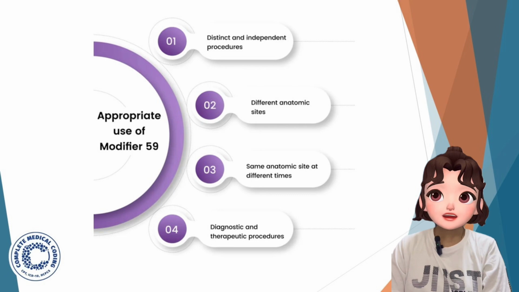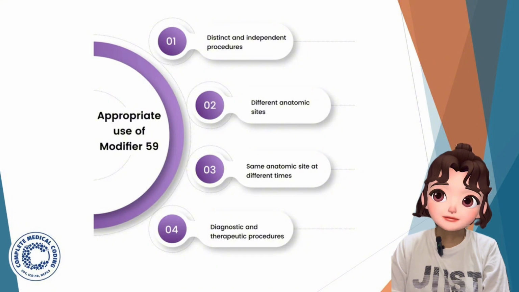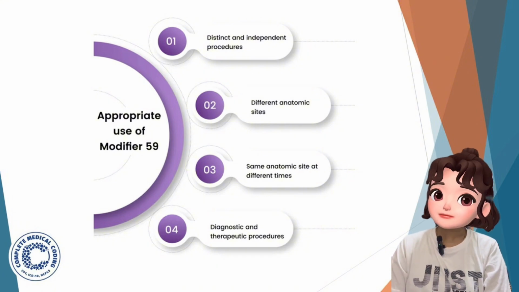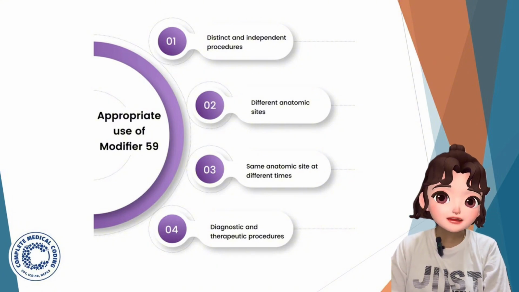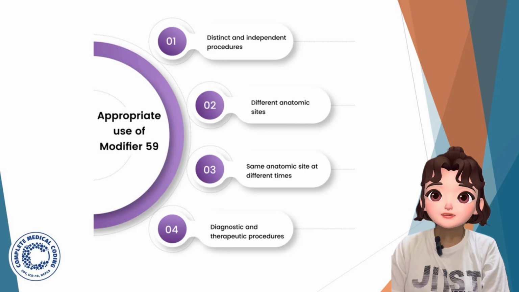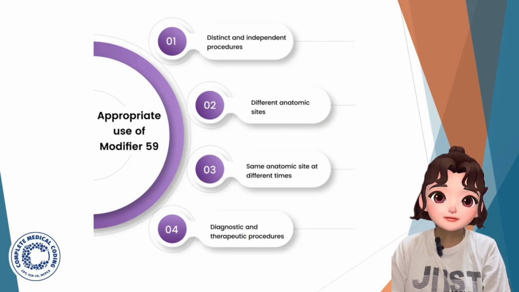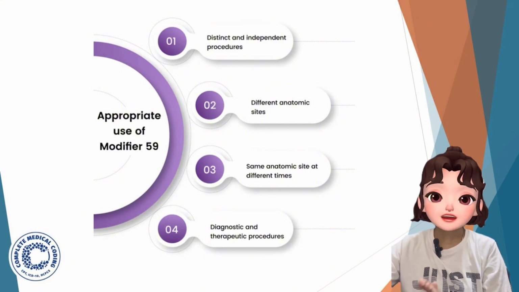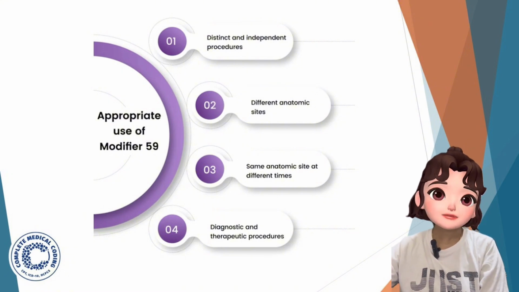It can be used at different anatomical sites. Also, it can be used at the same anatomical site but at different times, not at the same time. Also, it can be used along with diagnostic and therapeutic procedures. So, distinct procedural service, separate independent procedure. That is what the 59 modifier means.